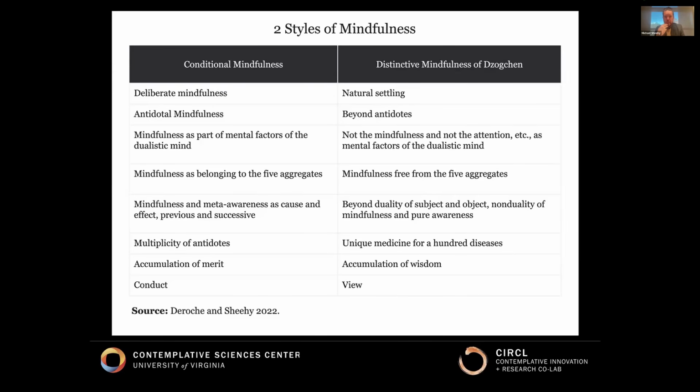There are also in the meditative traditions ways of talking about this as technique and method, meditative technique. I have this chart here that outlines two styles of mindfulness, and I won't go into this in detail.